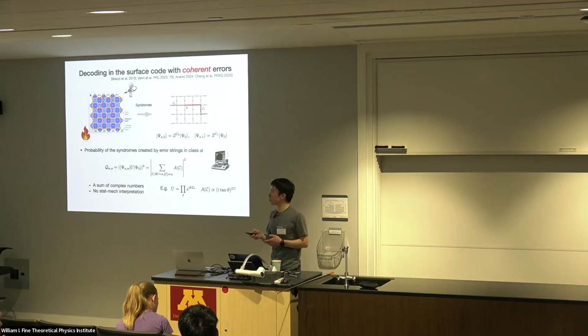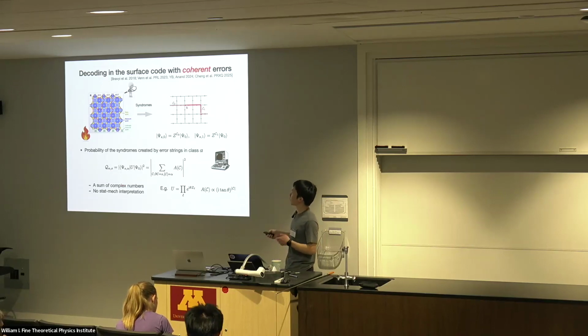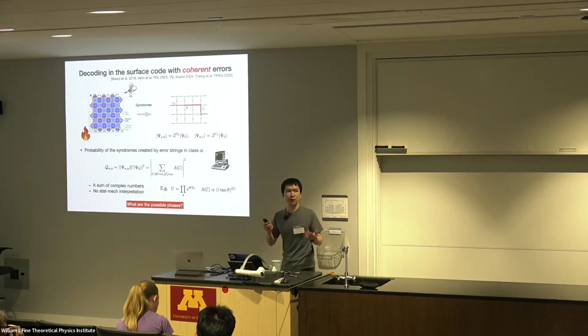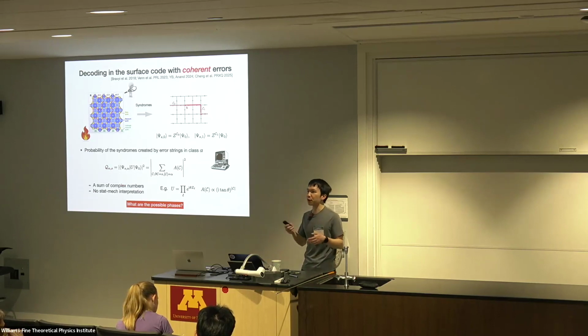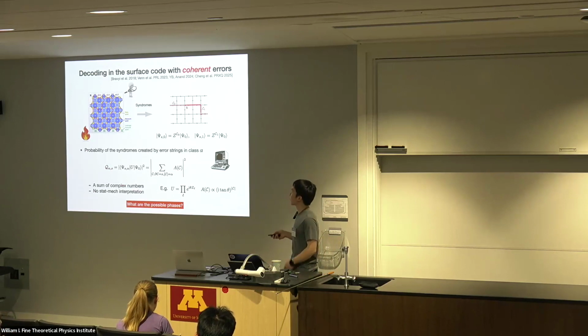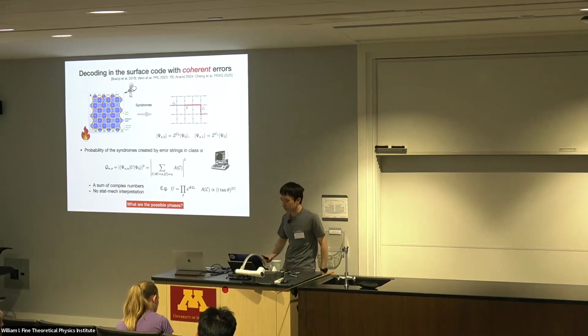For this reason, Q_alpha^S has no stat-mech description. That prevents you from doing an efficient classical Monte Carlo simulation, for example, to figure out where the threshold is. A central question of interest, the first-order question one can ask, is what are the possible phases in the presence of coherent errors?